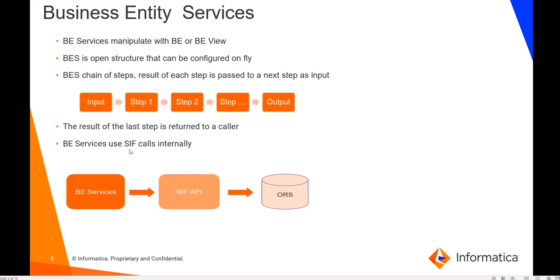The way it is different from traditional SIF calls: each SIF call does authentication, but though business entity service calls internally use SIF calls, authentication only happens once. That way, performance is always better compared to SIF calls.